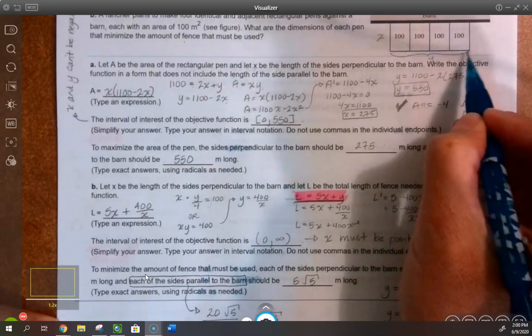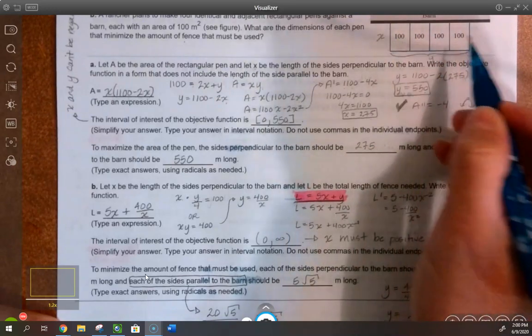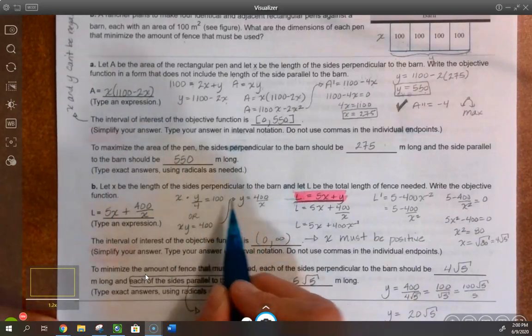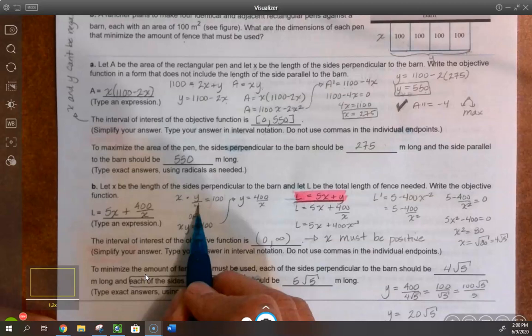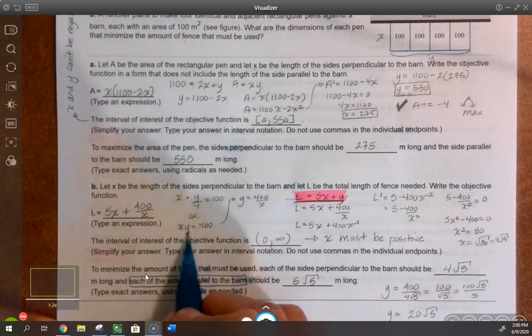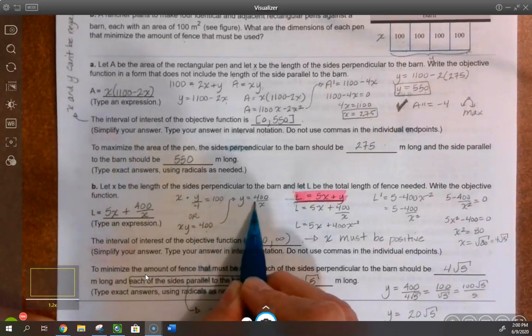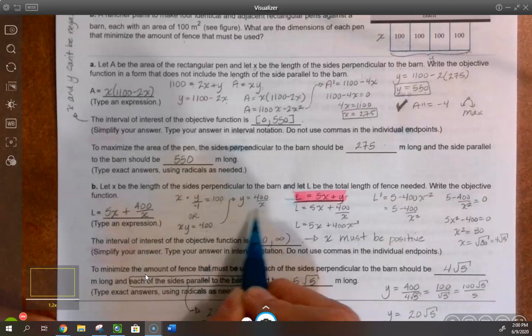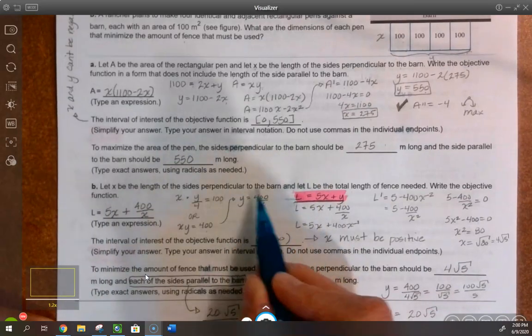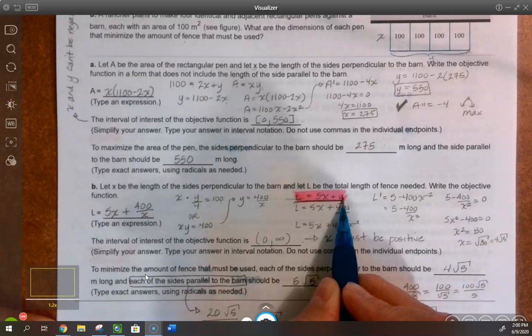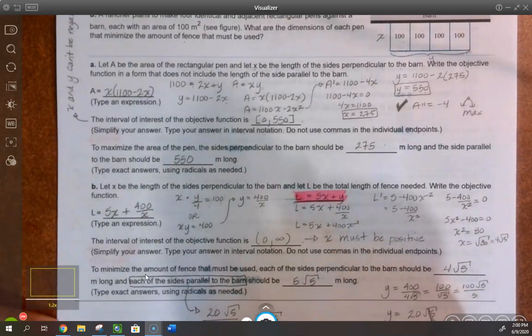Or x times y is equal to 400. Either of those will work. They're basically saying the same thing. In either case, we solve for y, and we get y equals 400 over x. That is our constraint. We're going to put that in for y in this equation. And now we go on with our calculus.